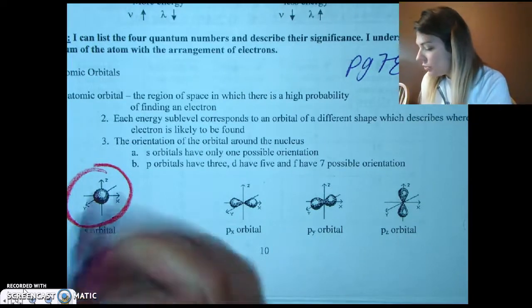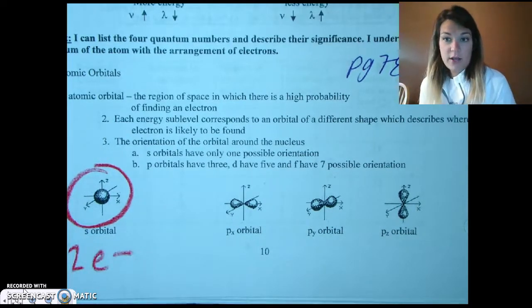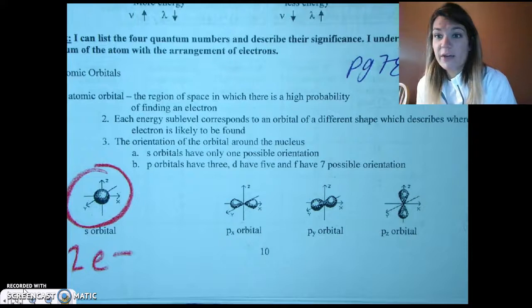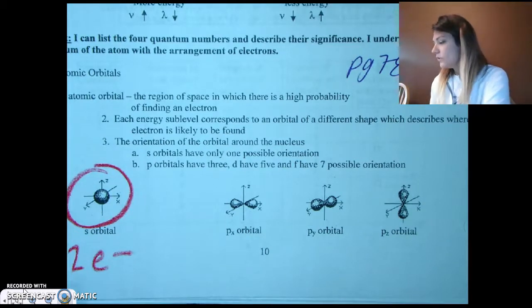So the s orbital, considering it can hold 2 electrons, means that anywhere within an s orbital there could be 2 electrons somewhere in that region. You'll notice that the s orbital looks like a sphere, so there's only one orientation, only one orbital that can hold 2 electrons.